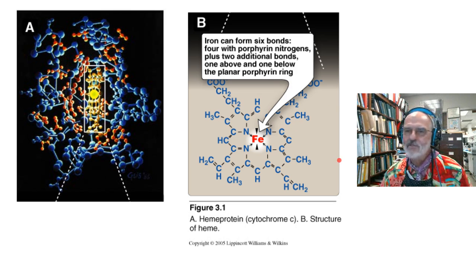This is a structure of the protoporphyrin with iron bound in the middle of the protoporphyrin. It's chelated by 4 nitrogens. Okay, so in total, this iron can have 6 bonds or 6 ligands, 4 in the plane of the protoporphyrin, and 1 above and below we'll talk about in a second.